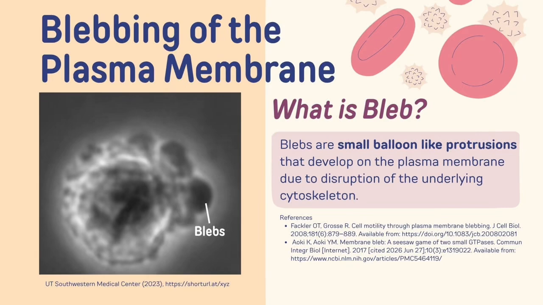Next, let's talk about blebbing of the plasma membrane. So what actually is a bleb? As you can see on the slide, blebs are small balloon-like protrusions that form on the cell membrane. This happens when the underlying cytoskeleton gets disrupted, causing the membrane to bud out.